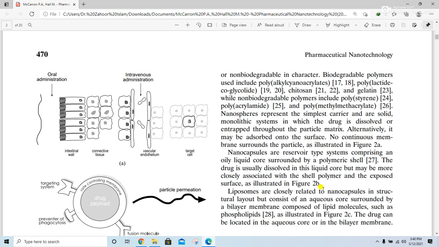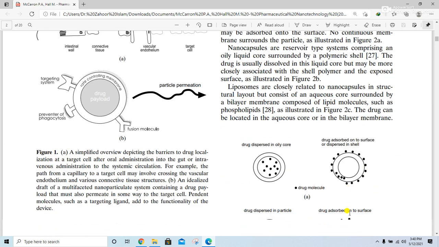Liposomes are closely related to nanocapsules in their structural layout, but consist of an aqueous core surrounded by a bilayer membrane composed of lipid molecules such as phospholipids, as illustrated in figure 2c. The drug can be located in the aqueous core and the bilayer membrane.